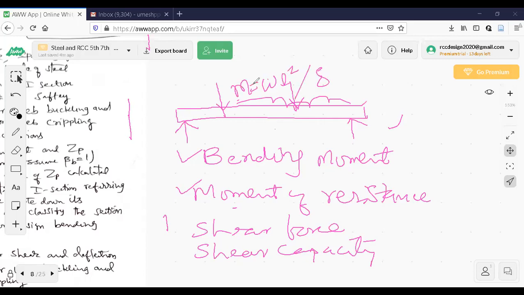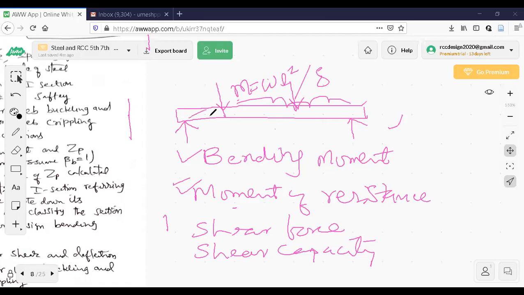Okay. Now how do you find out moment of resistance? Because moment of resistance has to be more than or equal to bending moment. This is how the concept of beam design is carried out, whether it is RCC or steel. Now, how do you find moment of resistance? As I told you, let us say the bending moment is WL square by 8.